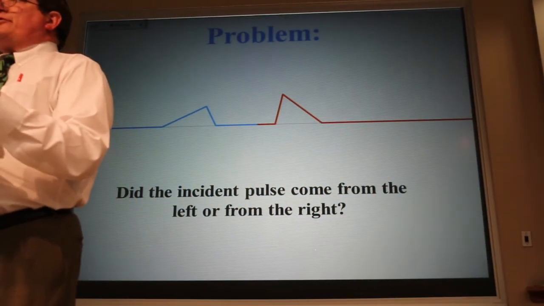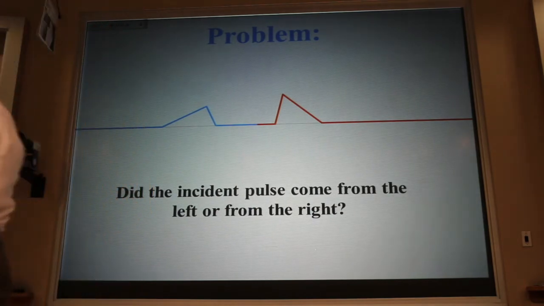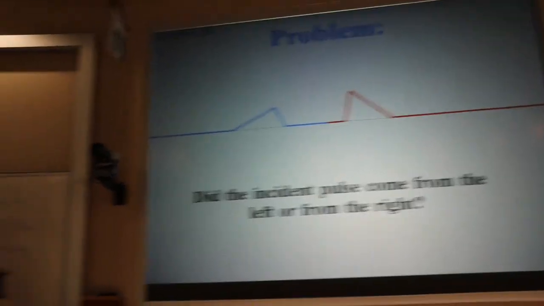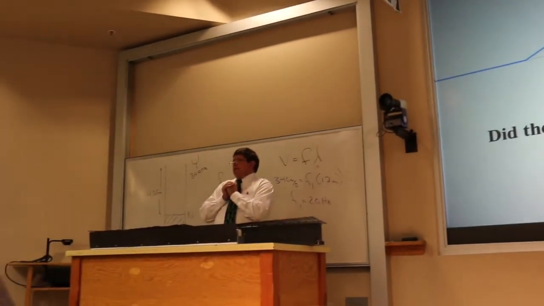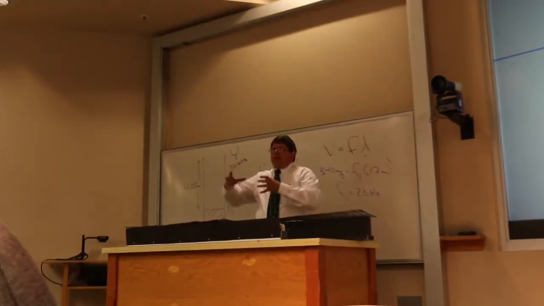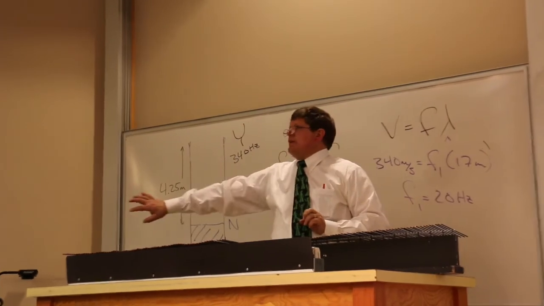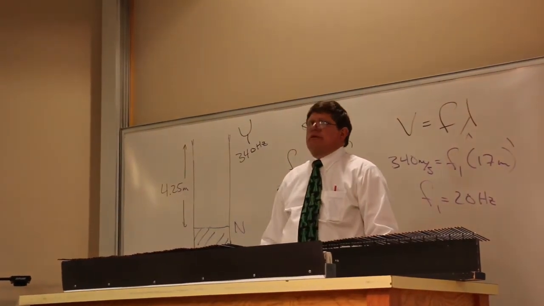Let's review that tutorial that we had this week. When a pulse comes into a boundary between two media, a slow medium and a fast medium, it splits, and some of the pulse goes through to the new medium, and some of it bounces back as a reflected pulse.